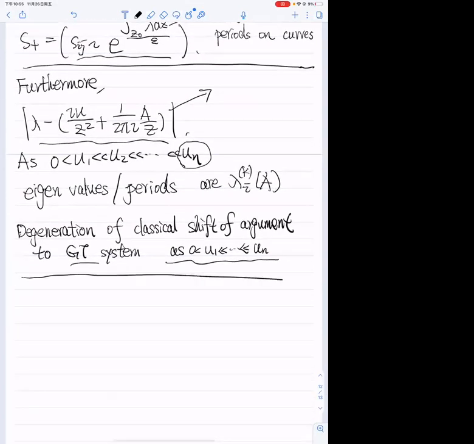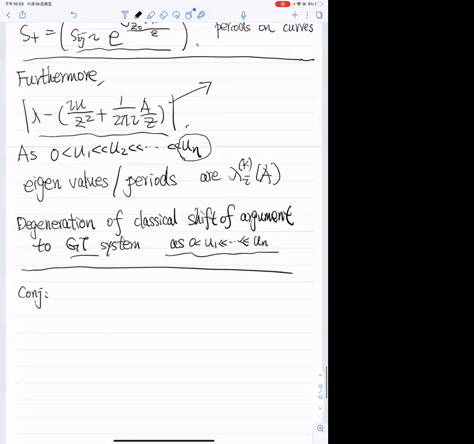Right, I still have 5 minutes. So in the end, we make quantitative conjectures for the general case. Under the integrable systems, what we should get is a shift of argument instead of the Gelfand-Tsetlin.